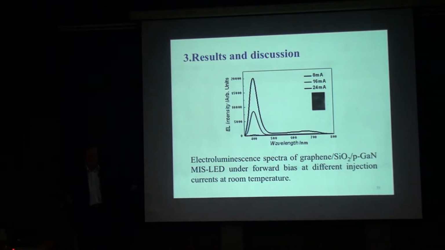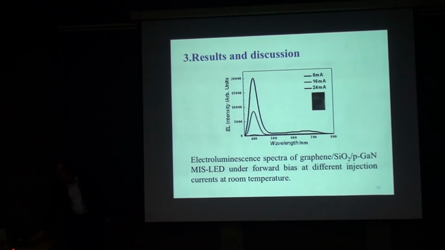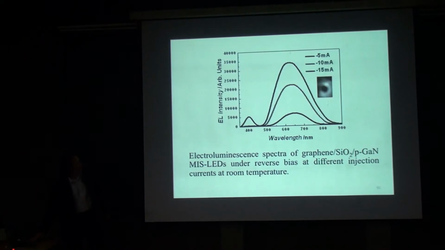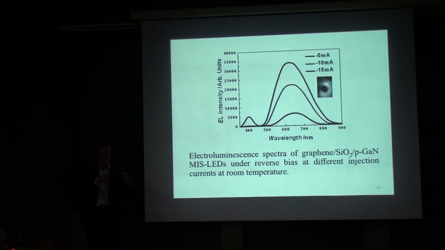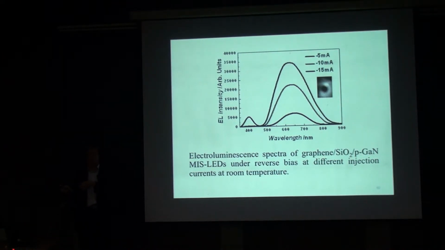That's very simple. The question is what the underlying mechanism is to explain this kind of behavior. This is under forward bias, and this is under reverse bias. Under forward and reverse bias we have different kinds of spectrum, which means if the bias is positive, we can have emitted light with different wavelengths than with the negative bias.